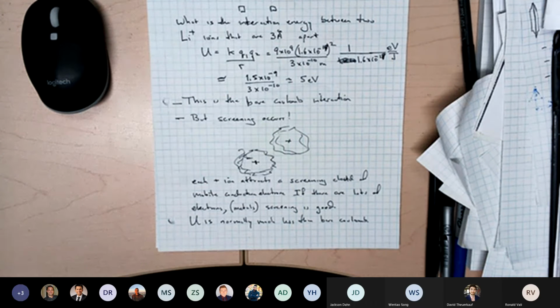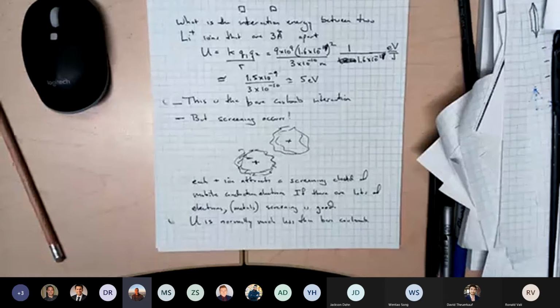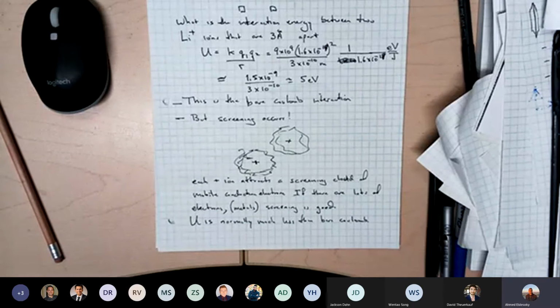Any other questions about this point before I go along? Jeff, yeah. Can we think of this as, you have those electrons that are randomly spread out throughout your material. Some of them can be used to sort of charge balance your lithium ions, and that's why you pretty much prevent any repulsive interactions, right? Because you have that charge balance from the screening electrons. Yeah, that's right.